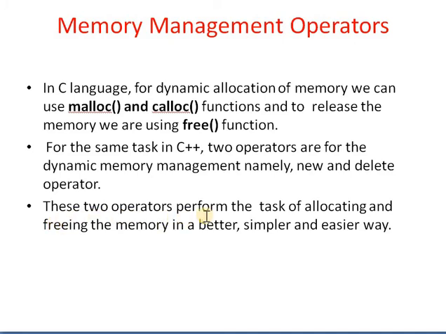These two operators perform the task in a better, simpler and easier way. In C++, by using the new and delete operators, we can easily allocate memory for objects, and also deallocate the memory easily. These are the memory management operators.